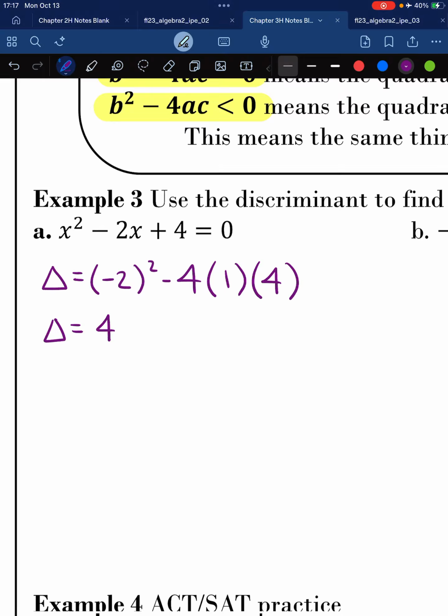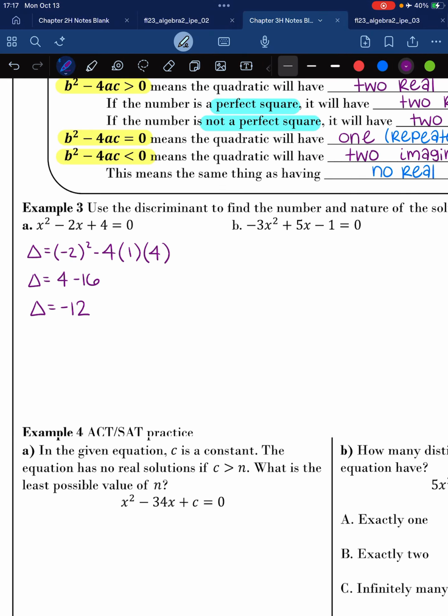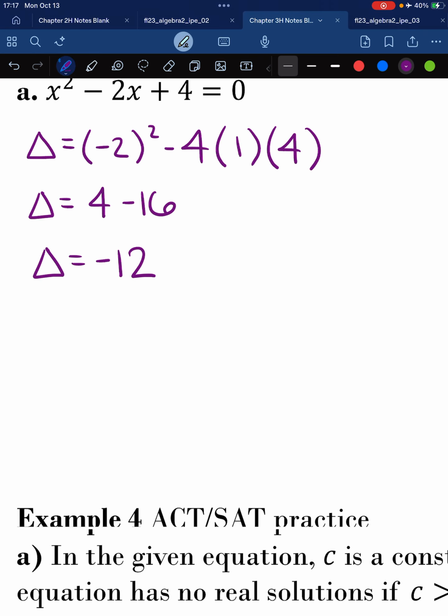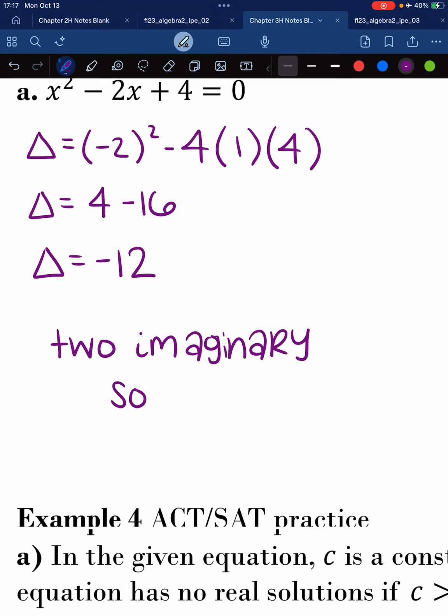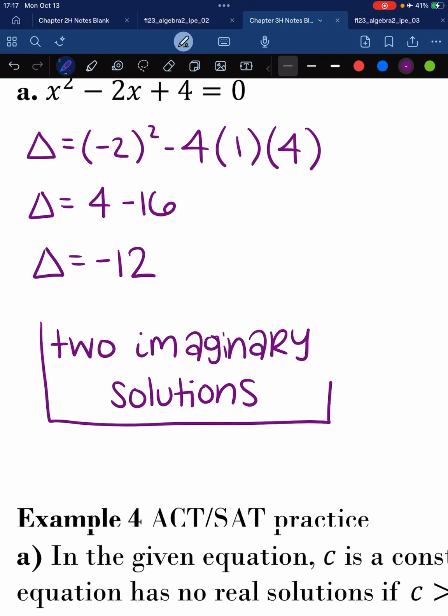So the discriminant equals 4 minus 16, which is negative 12. Since it is negative, we know we have 2 imaginary solutions. And again, it doesn't ask me what the solutions are, just asks me the number and nature: 2 imaginary.